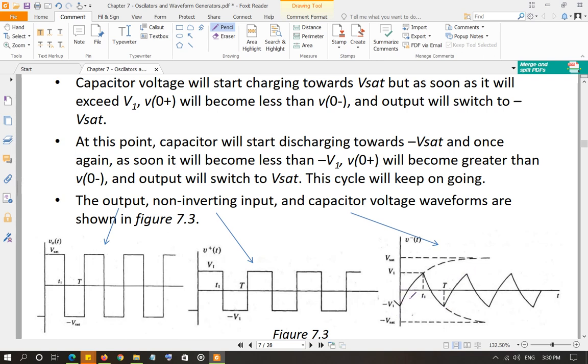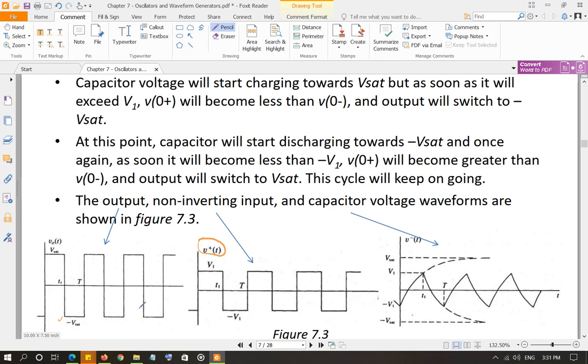Why? Because when it is charging from negative V1 to positive V1, the non-inverting voltage is at V1, because the output has jumped to Vsat. So it is going towards Vsat, and in that process it's going to reach V1, and as soon as it exceeds V1 by 65 microvolt, then this voltage V negative T becomes greater than V positive T, and the output goes to negative Vsat.